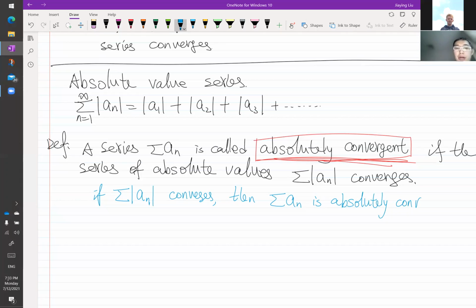So the one I wrote in blue and the definition above are equivalent. If the series with absolute values converges, then that series is called absolutely convergent.